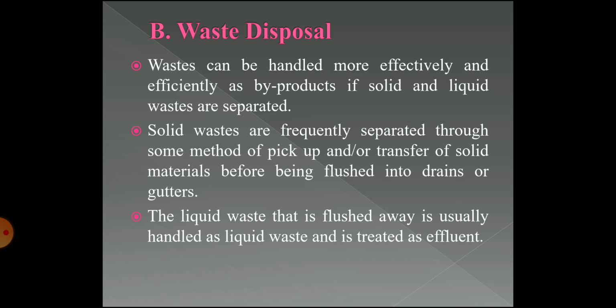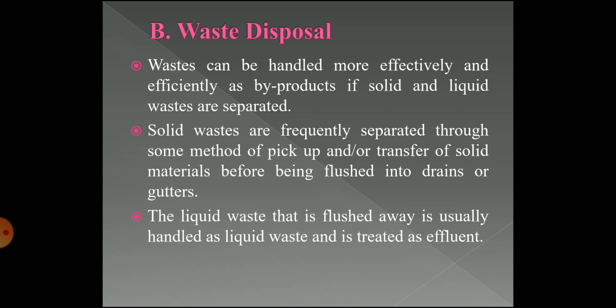Waste disposal. Generally, there are two types of waste coming from industry, that is solid and liquid. If we treat solid and liquid waste properly, then we call it effective waste disposal.